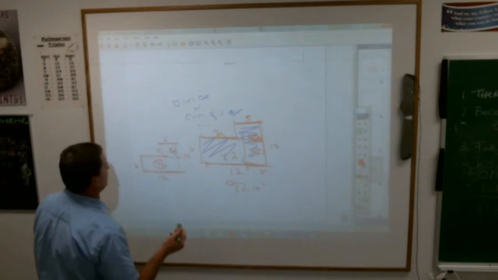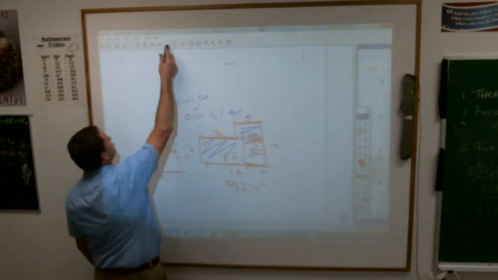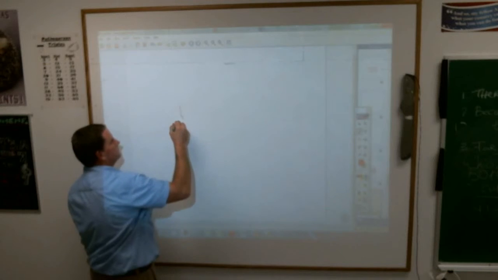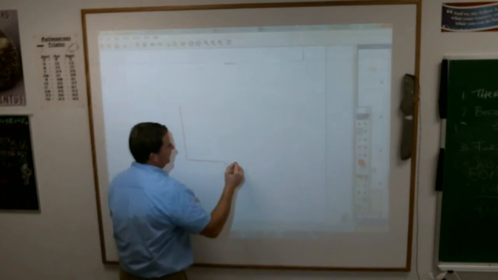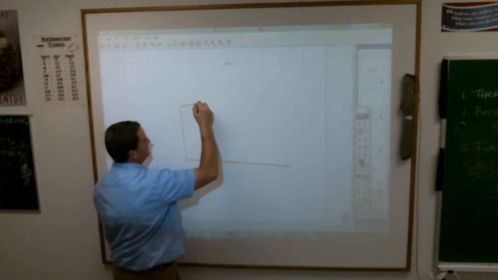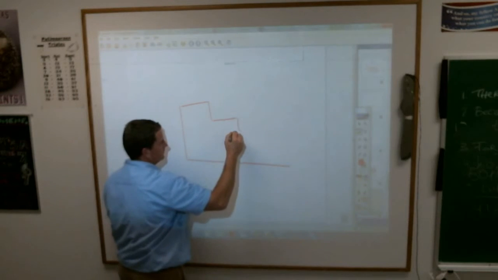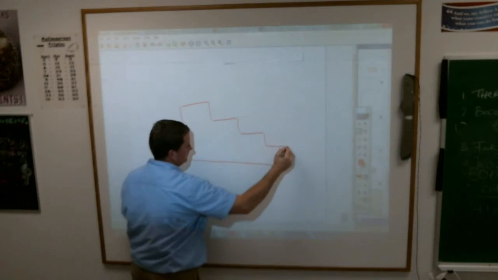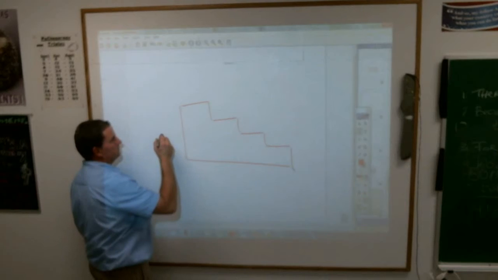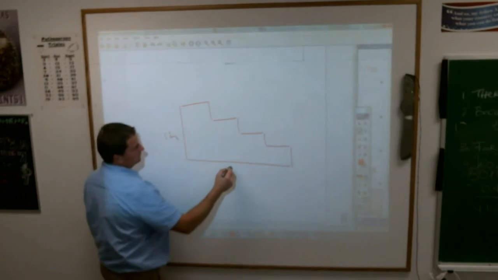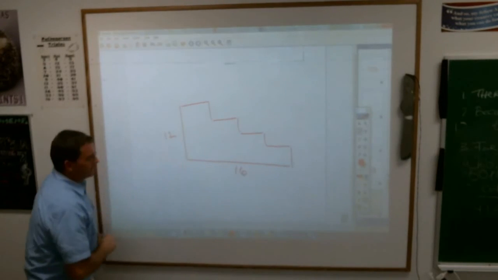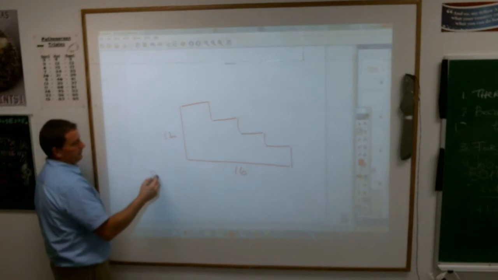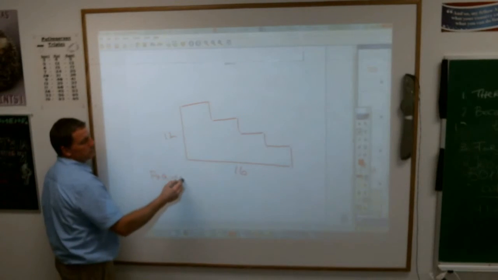Now, can I do one more perimeter? Just a couple things. What if this was your problem? Can I find the perimeter of this as it stands like this?